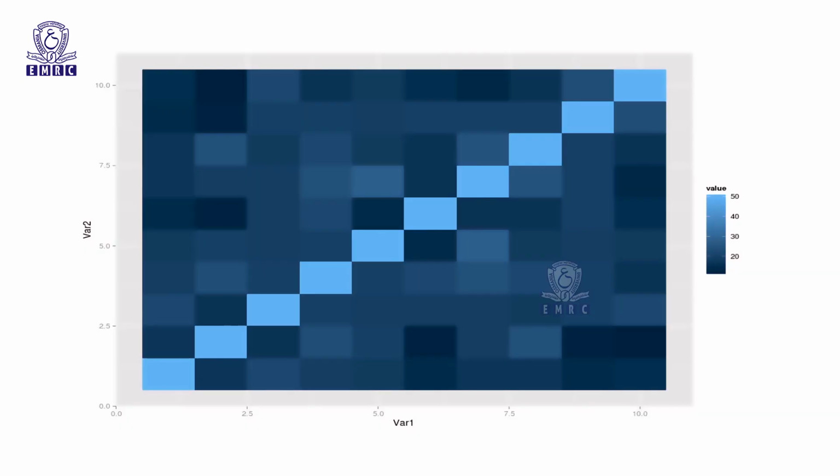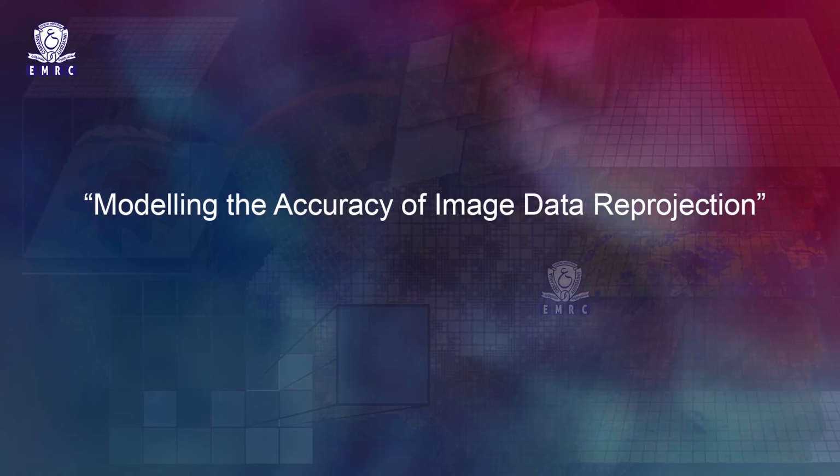These alterations will result in the perfect square pixels of the input layer taking on some alternate rhomboidal dimensions. However, the problem is larger than a simple deformation of the square pixel. Indeed, the reprojection of a raster image dataset from one projection to another projection brings changes to pixel values that may in turn significantly alter the output information. Modeling the accuracy of image data reprojection.